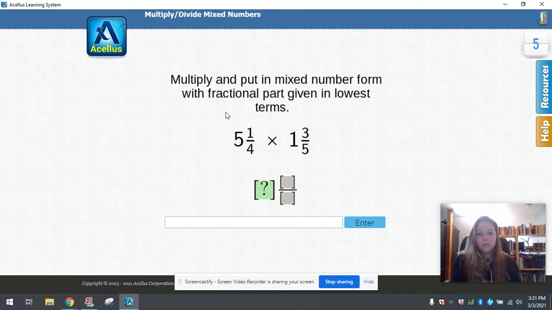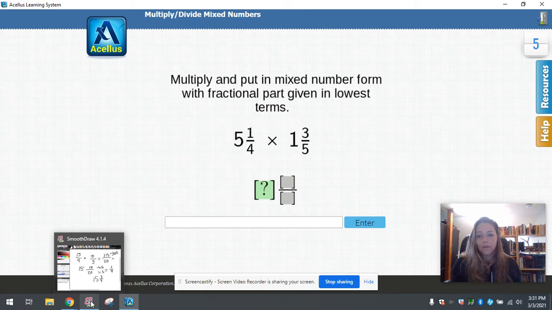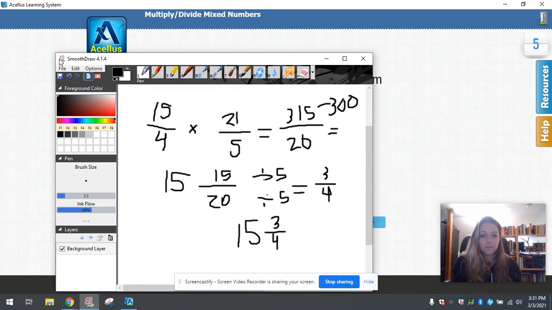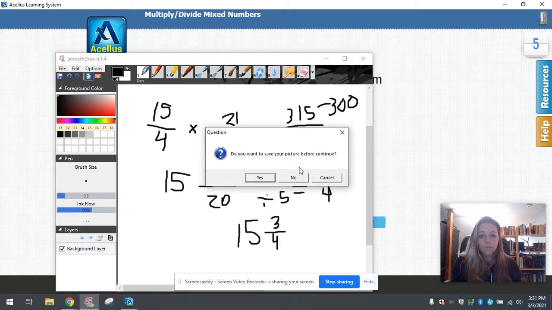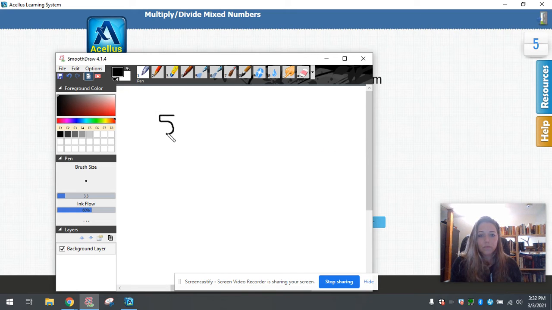Okay. Same set of instructions. 5 1/4 times 1 3/5. Make sure I wrote it down right.